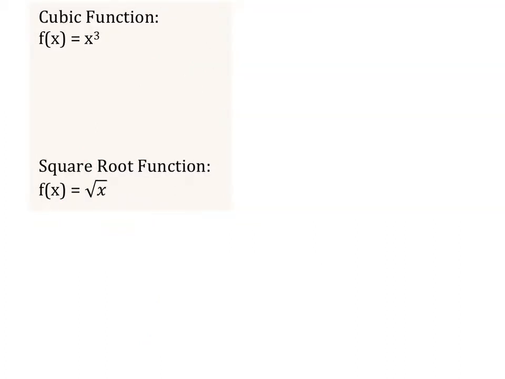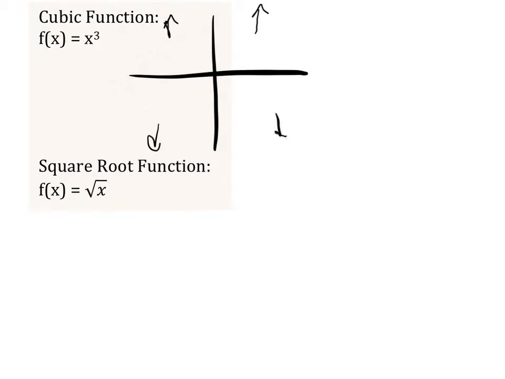Our cubic function. Our cubic function is going to have the same sort of end behavior as a line, meaning we're going to end up having arrows that point like this and like this, if it's positive. If it's negative, it's just like the slope of a line. It changes the arrows to here and here.